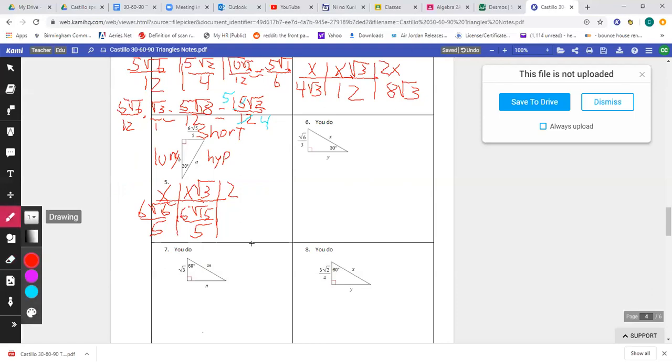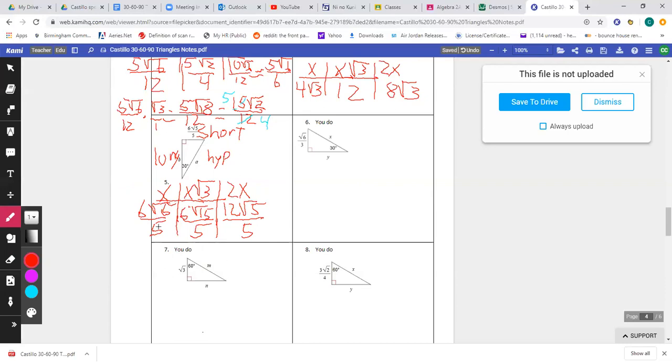And then the last one is, sorry, so we'll do 2x. If I know that this is 6 root 5 over 5, this here is just double that. So what is this answer going to be? It's going to be 12 root 5 over 5. Okay.